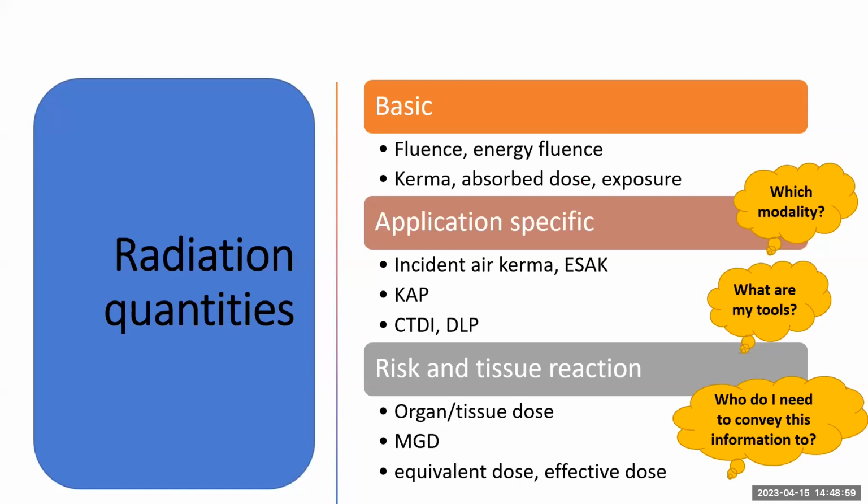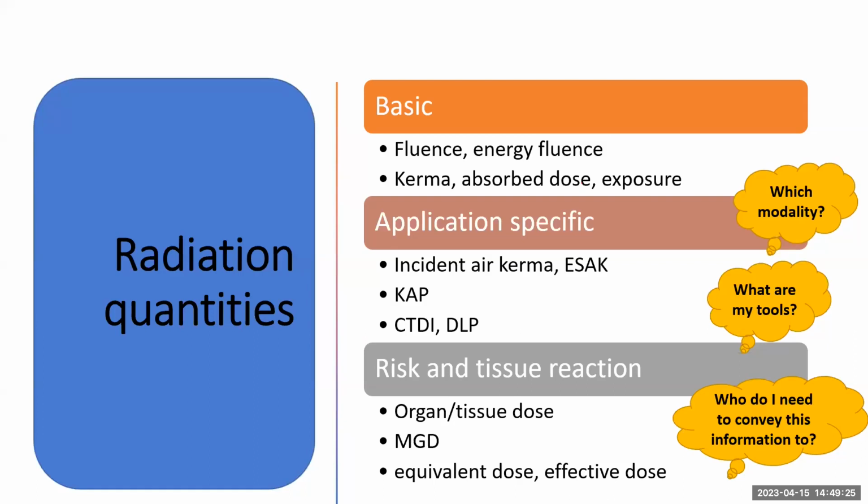Then it also covers a range of application-specific quantities, such as incident air Kerma, KAP, CTDI, DLP, and the risk and tissue reaction quantities, such as organ dose, MGD (mean glandular dose), equivalent dose, and effective dose.